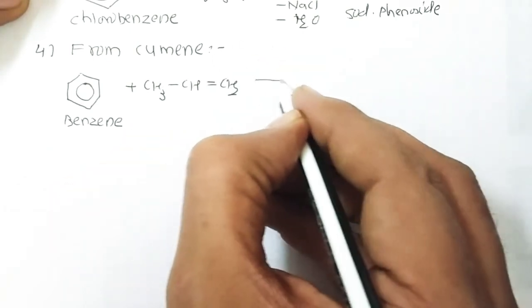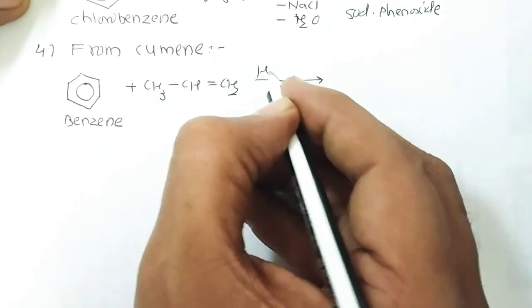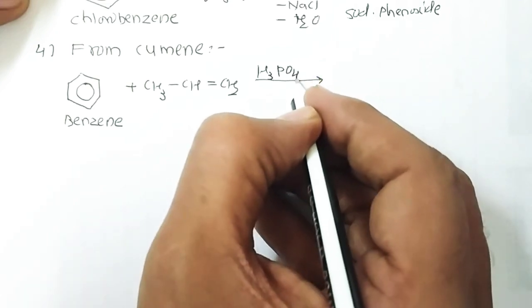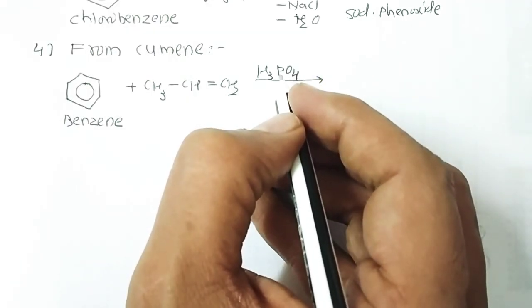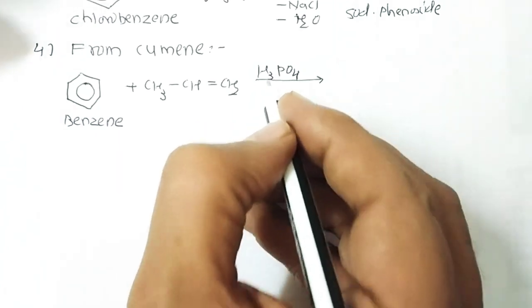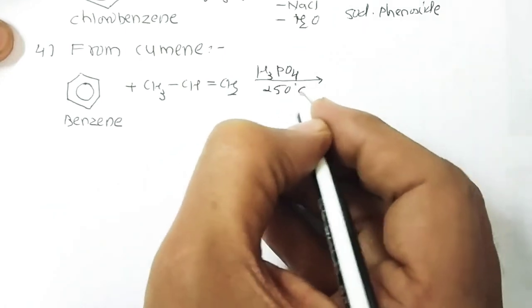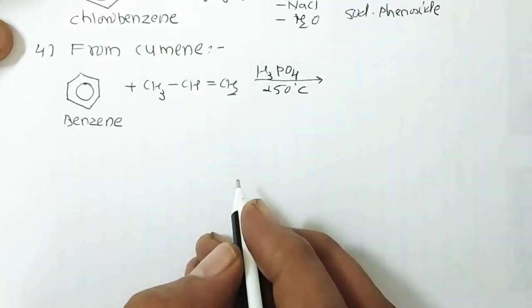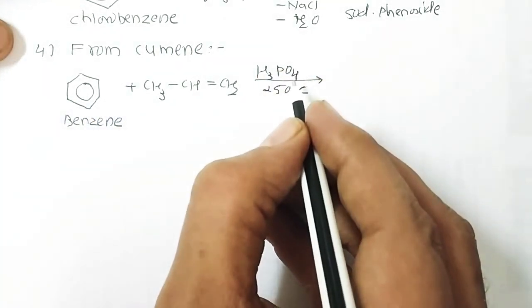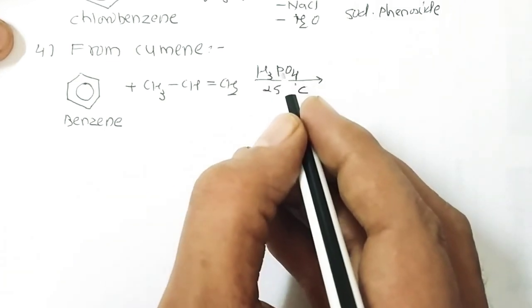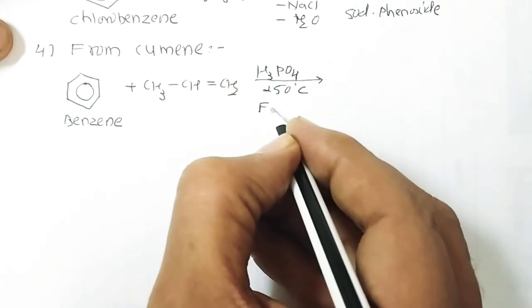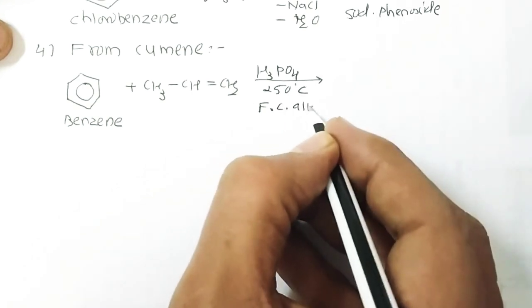The reaction is performed with the help of the acid catalyst H3PO4, and near about 523 Kelvin temperature is required. It means almost 250 degrees centigrade temperature is required. This reaction is a type of Friedel-Crafts alkylation.